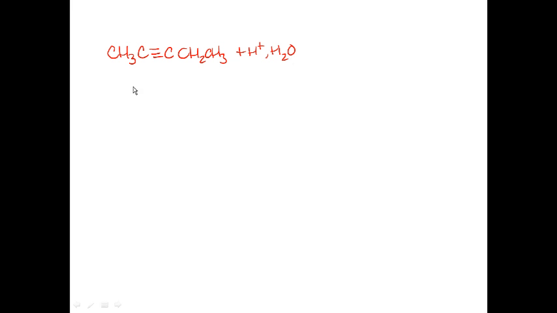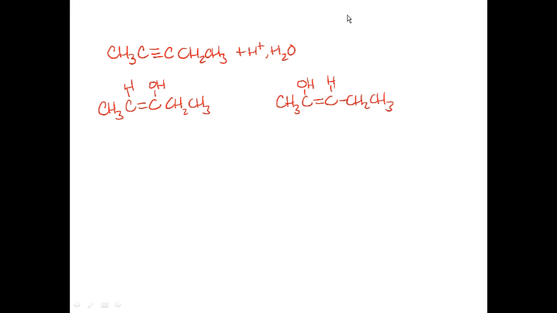Well, if I add the hydrogen to the left carbon and I add the OH to the right carbon, I'm going to get this enol. If I was to add the OH to the left carbon and the H to the right carbon, then that would give me that enol.